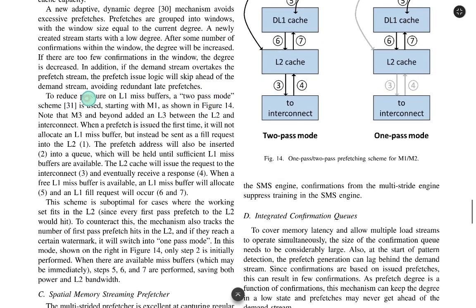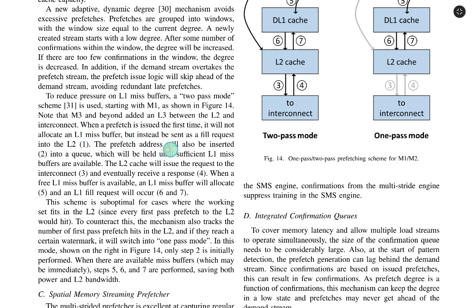To conserve pressure on L1 miss buffers, a two-pass mode scheme is used, starting with the M1 shown in figure 14. Note that M3 and beyond added L3 between the L2 and interconnect. When a prefetch is issued the first time, it will not allocate an L1 miss buffer, but instead be sent as a fill request into L2.